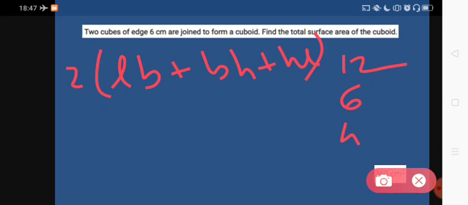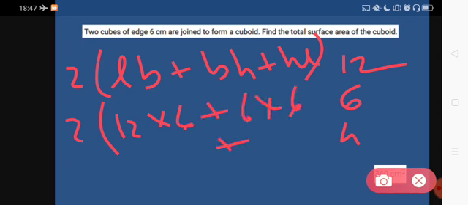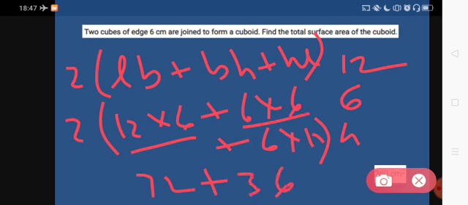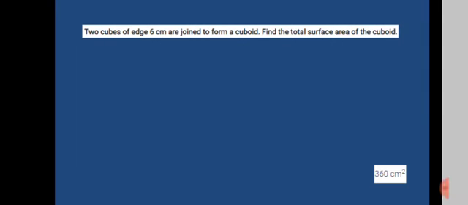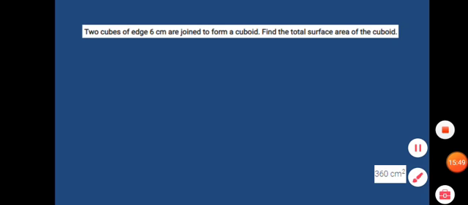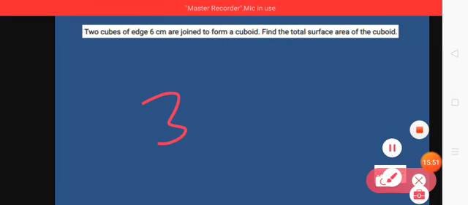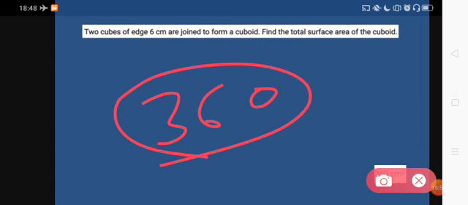We will put the values: length 12, breadth 6, height 6 into plus height 6 into length 12. 72 plus 36 plus 72 will be the total, and then we take twice of this, and we find 360 square centimeter. This will be the answer. This will be the total surface area of the cuboid.